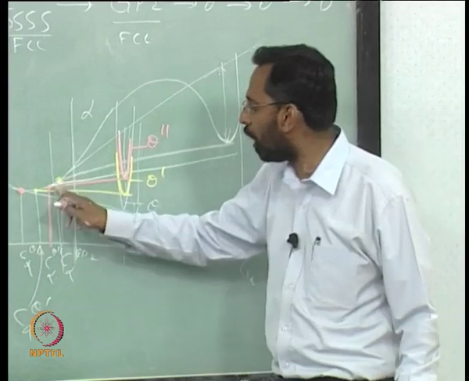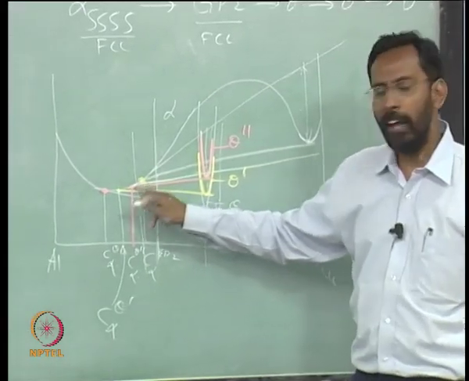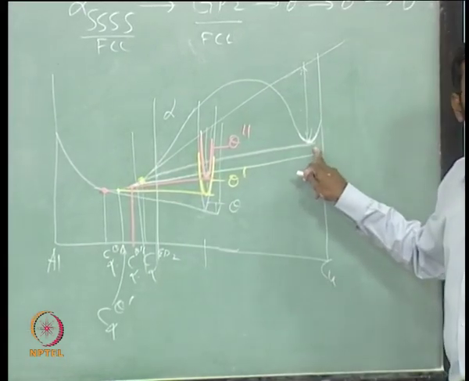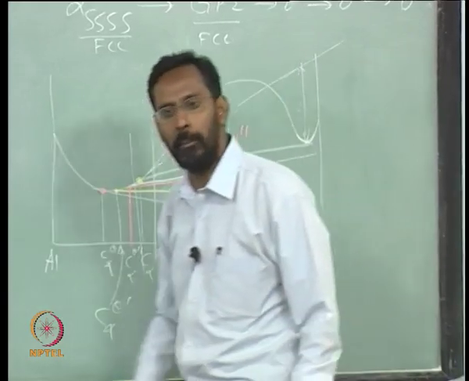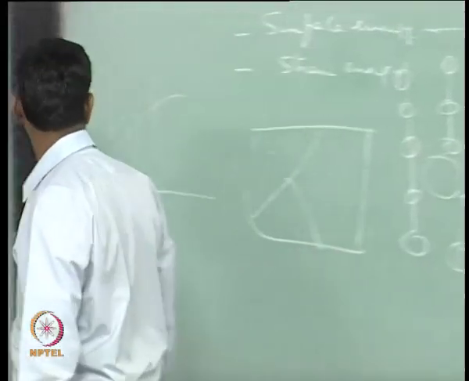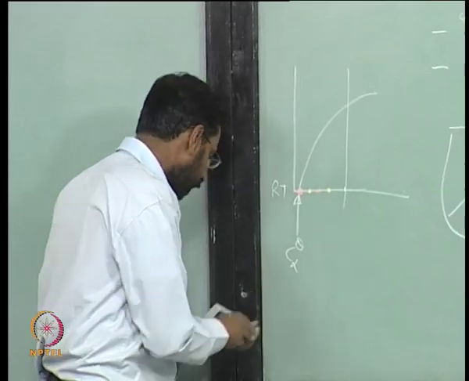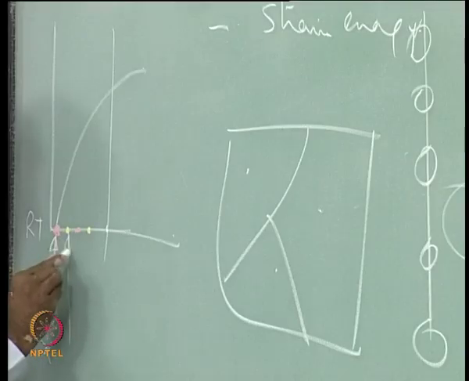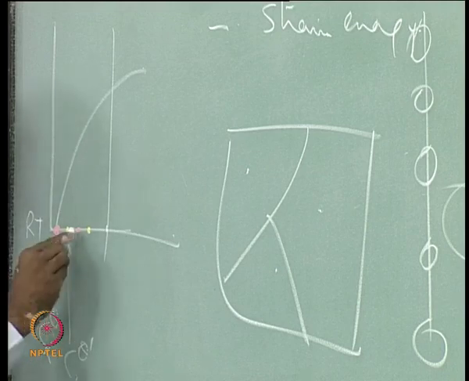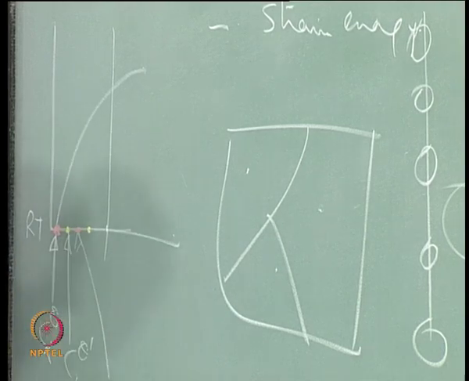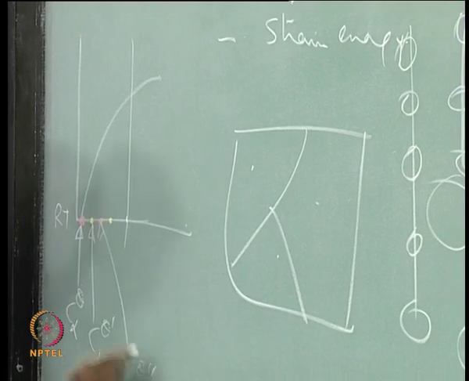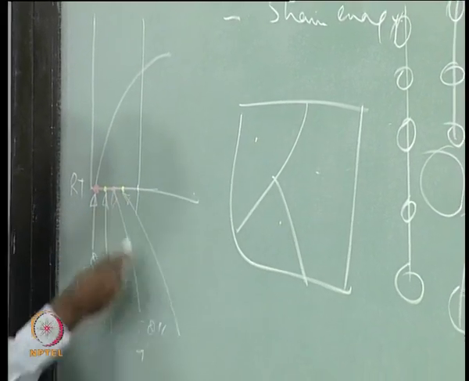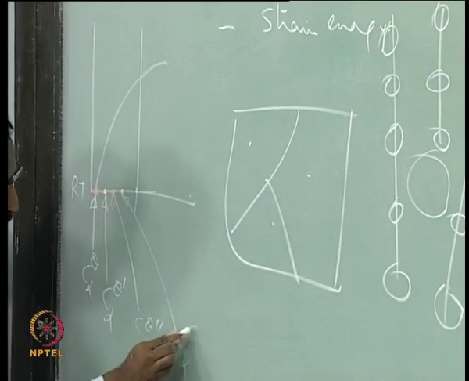That means if I choose that particular alloy, I will not be able to get GP zones. You are going to see it within a minute. For example, now if I look at these 4 compositions, this is the composition of alpha in equilibrium with theta prime, this is the composition of alpha in equilibrium with theta double prime, this is the composition of alpha in equilibrium with GP zones.